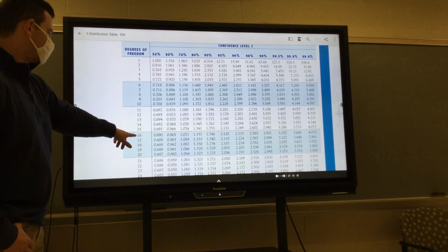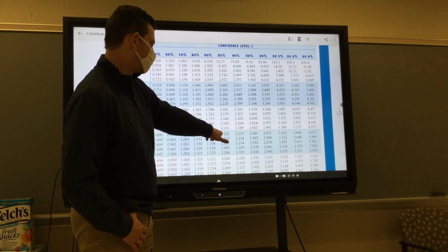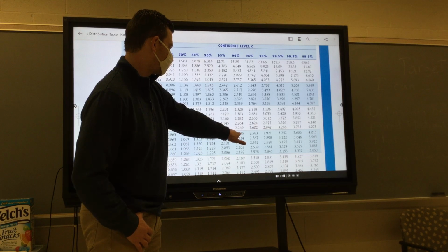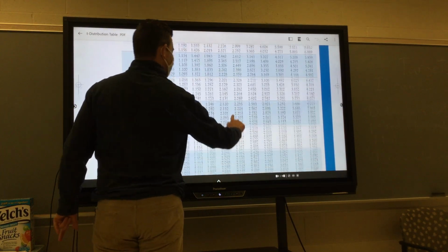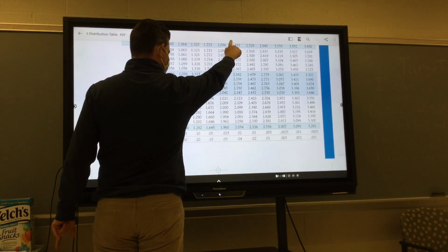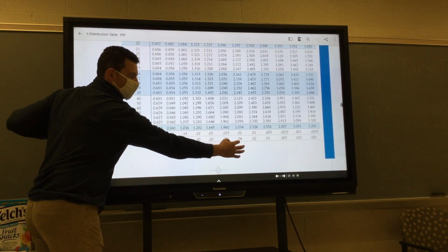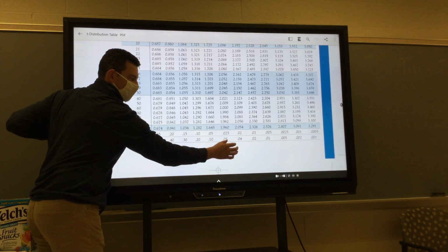So going across here. No. Here it is: 2.120 and 2.235. So we are between these two values right here. So we're going to take this to the bottom, and we see for our two-sided p-value, we have a p-value that is between 0.04 and 0.05.